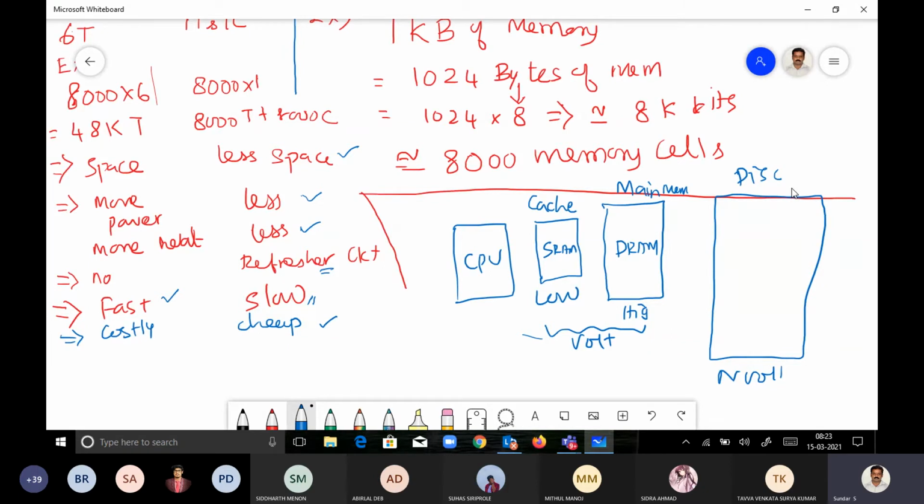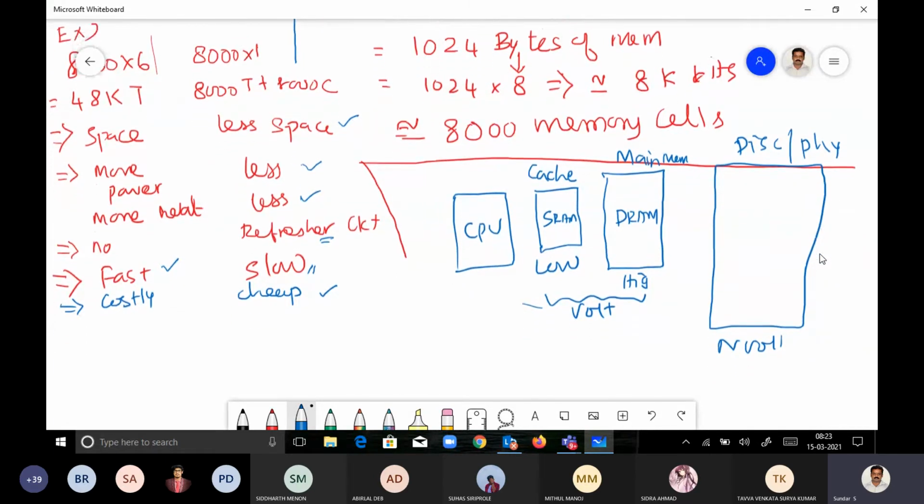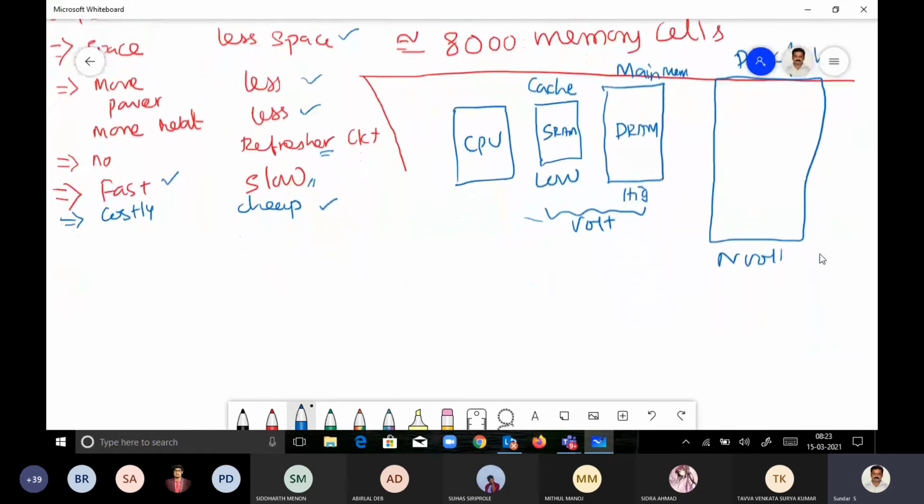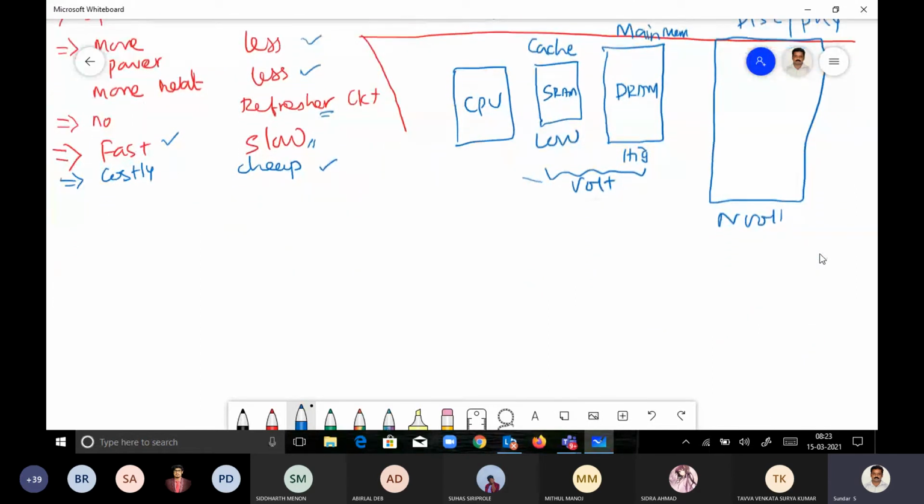Disk memory is sometimes also called physical memory. Now the structure is clear. In computer organization, we have cache memory, main memory, and disk memory.